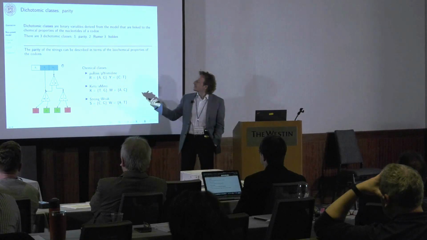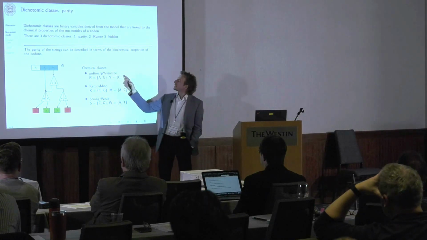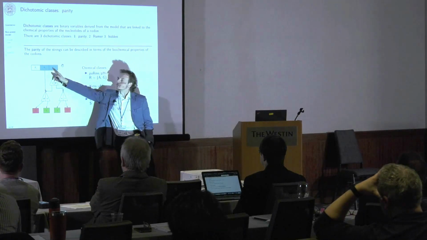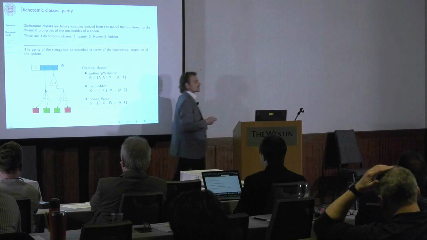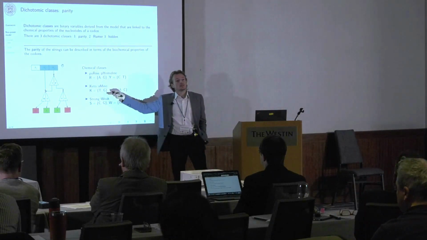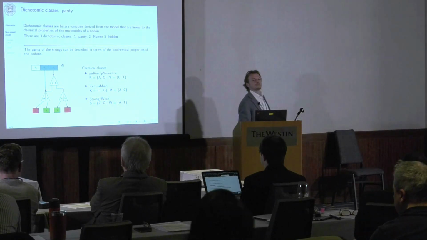So you can devise an algorithm that asks binary questions about the chemical classes of these two bases of the codon. And this biochemical algorithm corresponds exactly to the parity implied by the model.